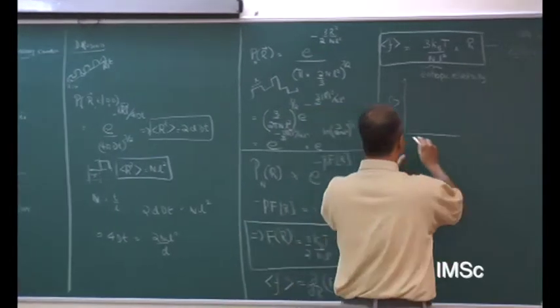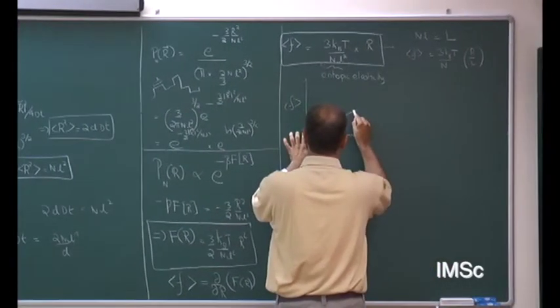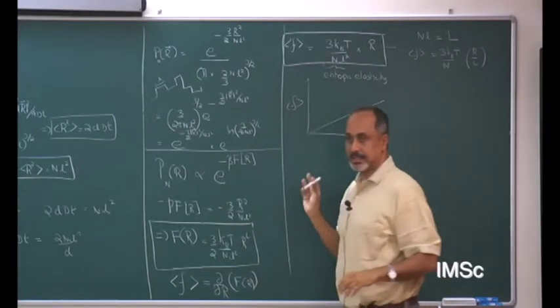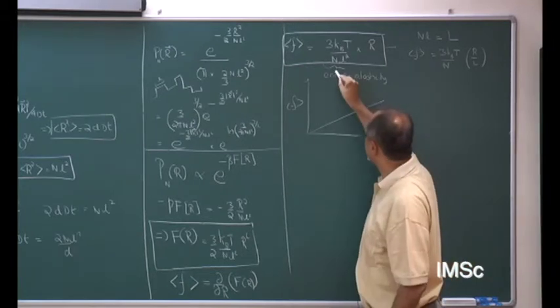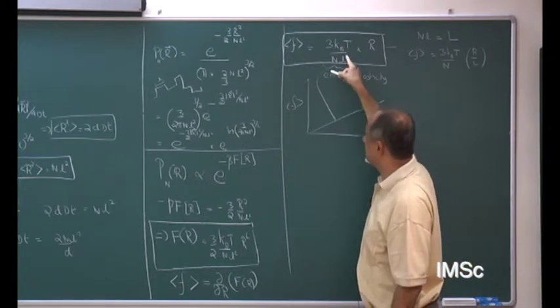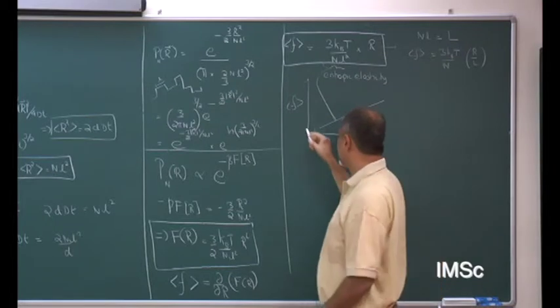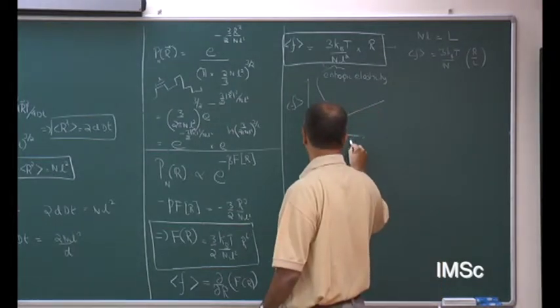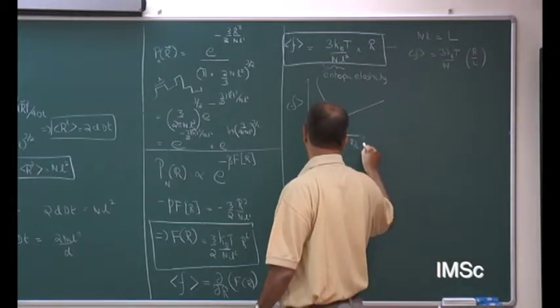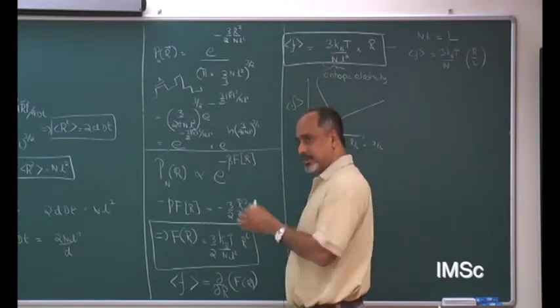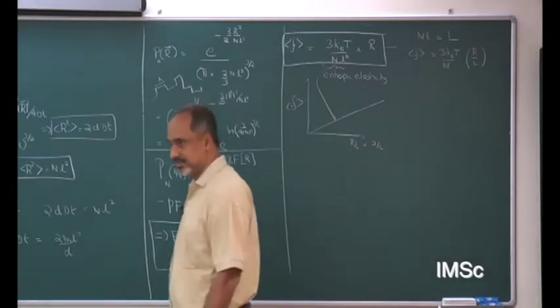So what this predicts is that this relationship basically just goes like a straight line. And the slope of that straight line is proportional to this quantity here. So here I have the force, here I have the extension r divided by L, which is really the same as x divided by L, because the displacement is in the direction of the force.